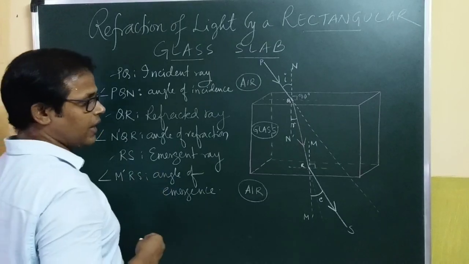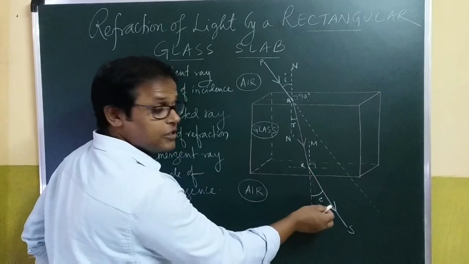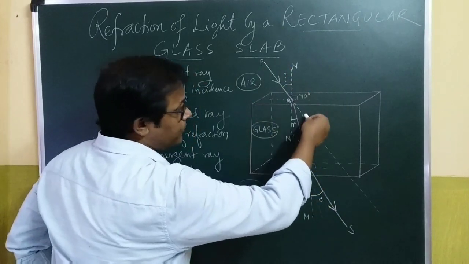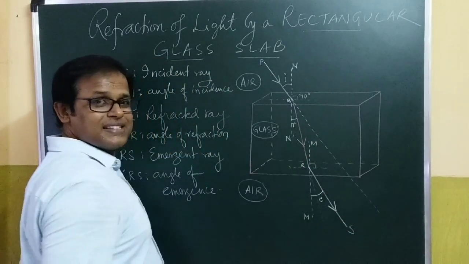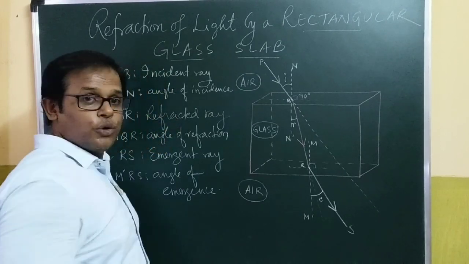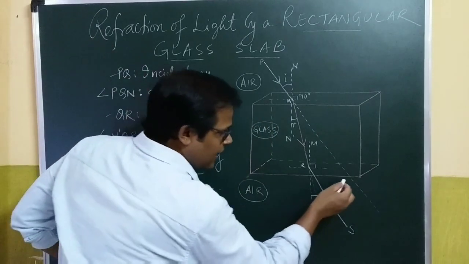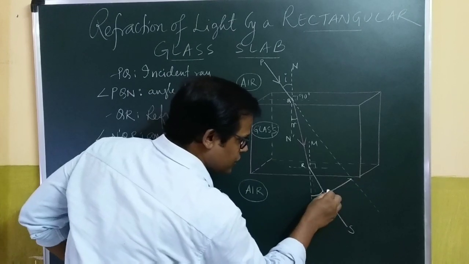Okay? So it's very easy to see that the final emergent ray of light and the original direction of the ray of light PQ, which I have drawn as dotted line, both exactly come out to be parallel to each other, even though they are laterally displaced. So I mean to say there is always a small distance between these two directions.